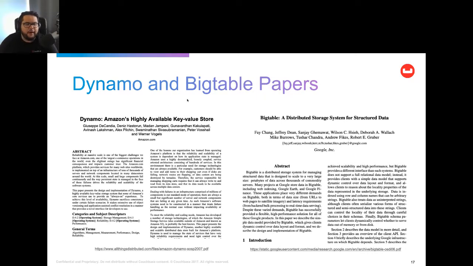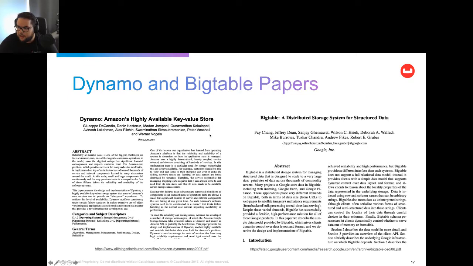One is the Dynamo paper, which is not DynamoDB; the Dynamo paper and DynamoDB are different things. It's just the first name that they gave to this database. And then we also have the Bigtable paper from Google.